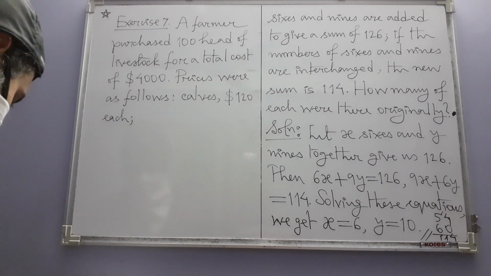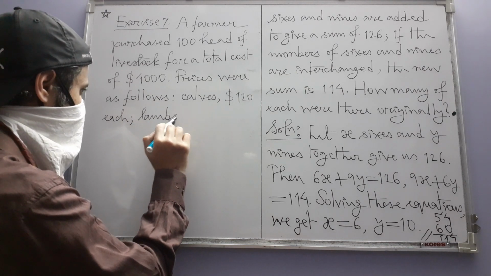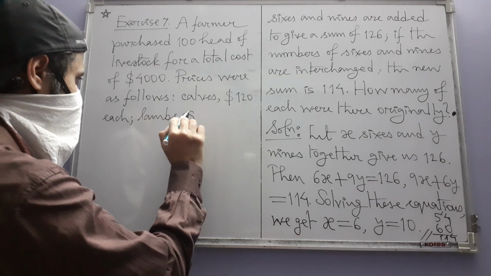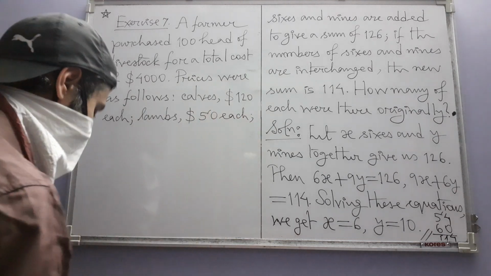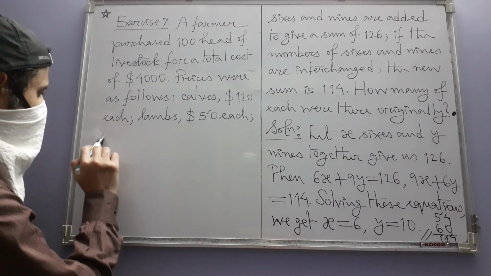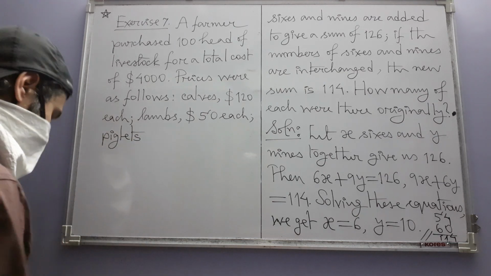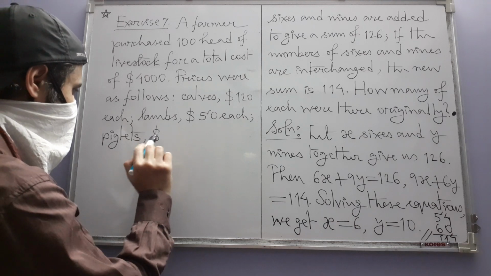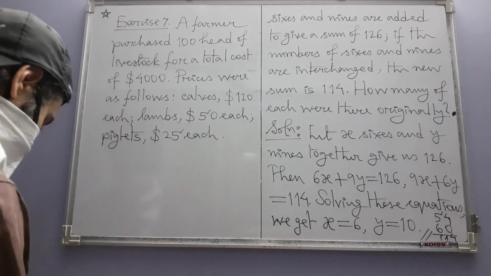Then lambs, $50 each, and some piglets too. For $25 each, baby pigs.